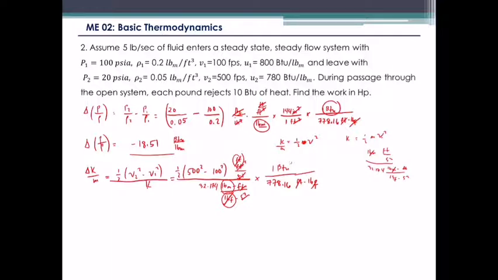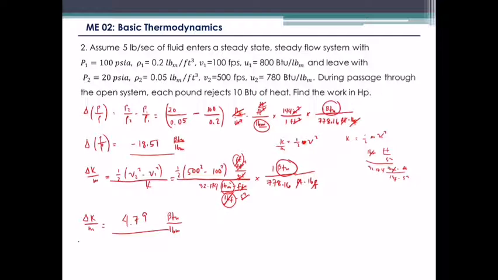Finally, you have the unit BTU per pound mass. So don't get confused with the units. This is now BTU per pound mass. Calculate that and you have the answer 4.79. So we have obtained everything.